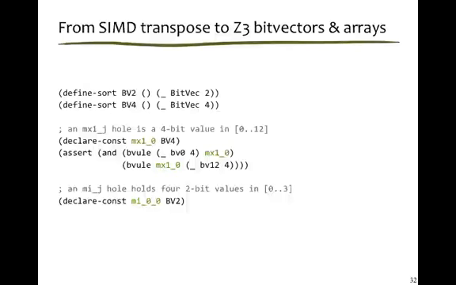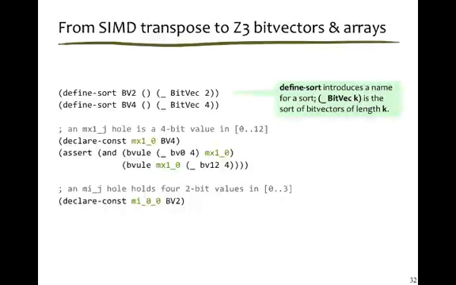But here's a little bit more new syntax that you're going to see. This define-sort simply introduces a new name that refers to the sort of bit vectors of length 2. Notice that the length of the bit vector is important. It's part of its type. So you cannot add together a bit vector of length 2 and a bit vector of length 3. It's not going to type check, right?